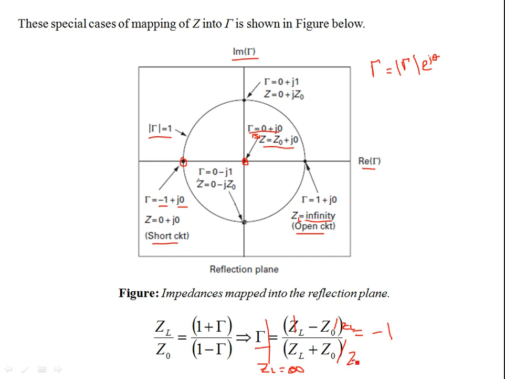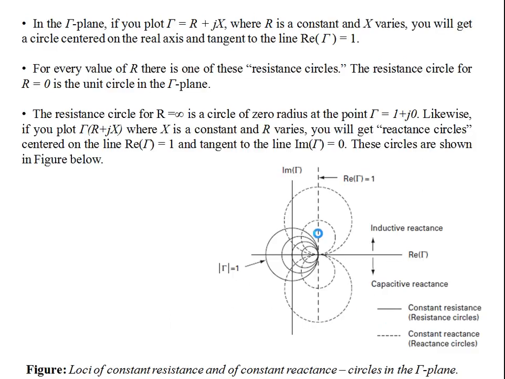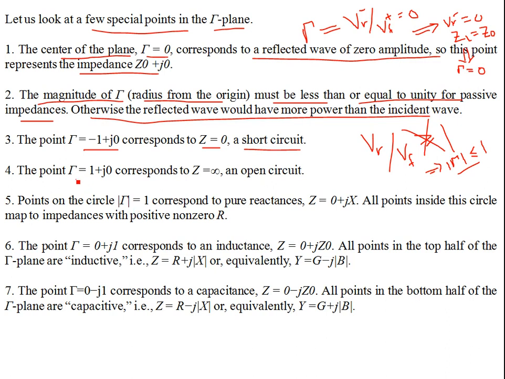This is equal to 1 minus this ratio, which is 0 because ZL is very large, and this becomes equal to plus 1. So this is plus 1 plus J0, and this corresponds to open circuit conditions for ZL. So gamma equal to 1 plus J0 corresponds to the open circuit.